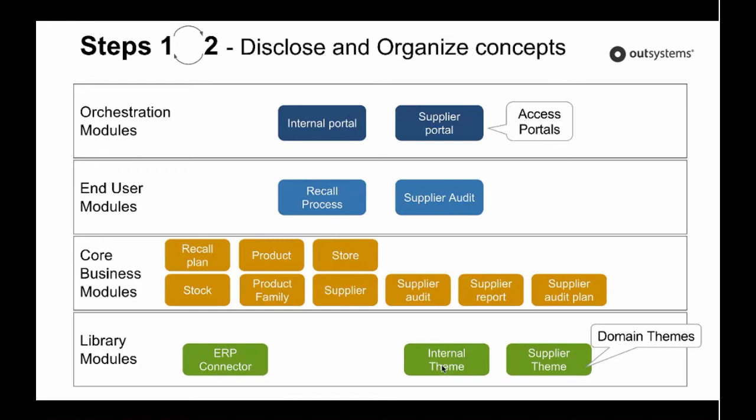Now that I finished disclosing everything, by the way, when I say I finished, it doesn't mean that I need to finish here, because architecture is a living process, because the solution itself will evolve. So you will keep disclosing, organizing, and even modeling after the initial design. So it's a continuous process, right?